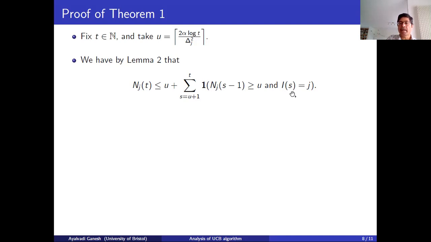And now I is the index of the arm to be played. And this 1 here plays the role of the I in the lemma. So just a warning about the slight change of notation. This is the I in the statement of lemma 2. And it depends in a complicated way on the history, but that's fine. This lemma was for arbitrary sequences.